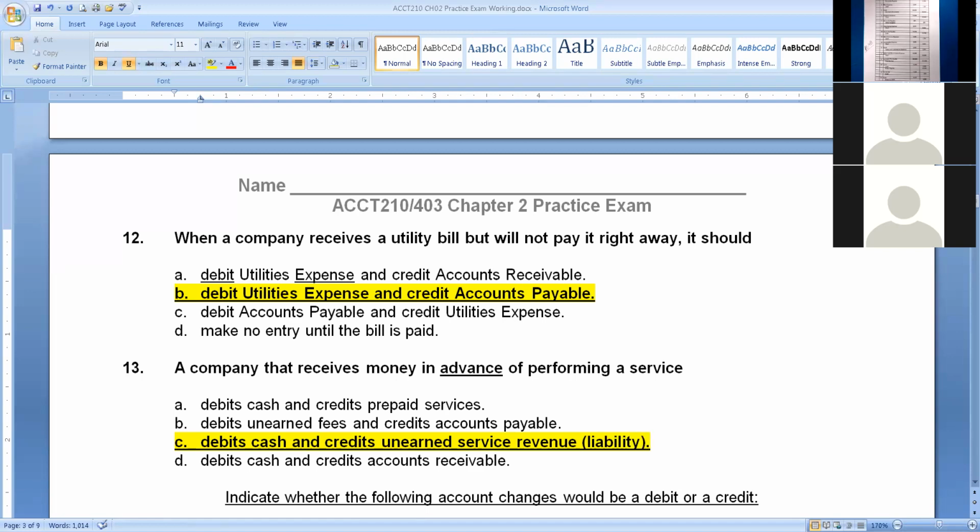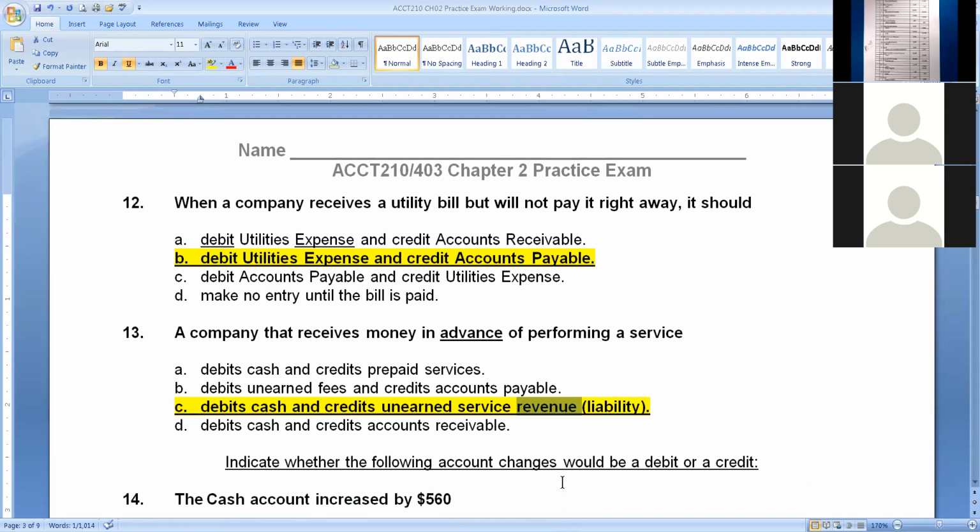The revenue here can throw people, but it's a liability because if we don't do what we're supposed to do, whatever they paid us in advance to do, we've got to give them their money back. So it's a liability until we do our part. So unearned service revenue is a liability.